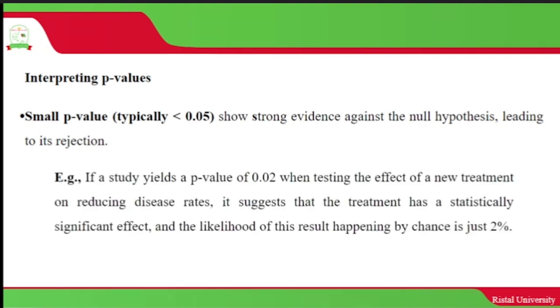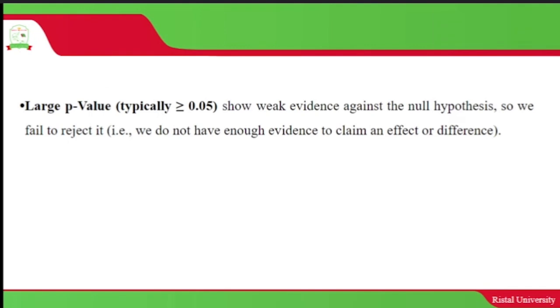So for example, if a study yields a p-value of 0.02 when testing the effect of a new treatment on reducing disease rates, it suggests that the treatment has a statistically significant effect on reducing disease rate, and the likelihood of this result happening by chance is just 2%. Okay? How about p-values that are greater than or equal to 0.05?